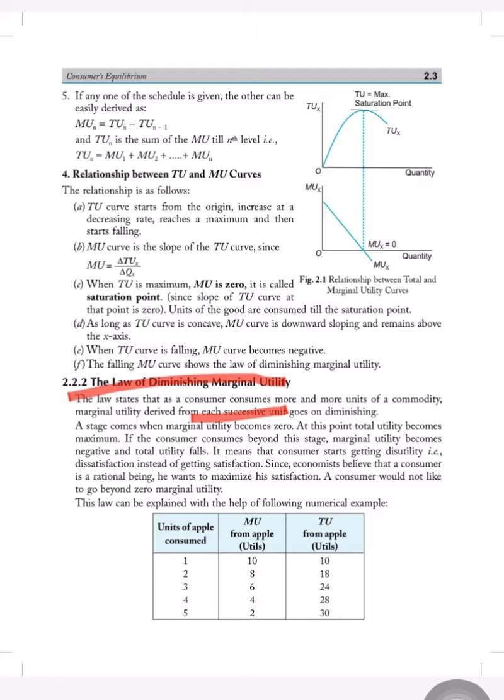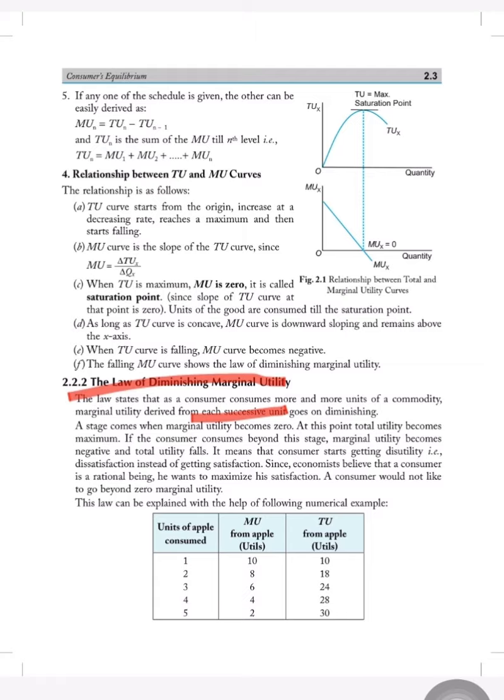Now if you consume one more glass of water, the satisfaction level will be there, but it's not the same as the first glass. Now you have consumed the third glass, the satisfaction level will decrease further, and if you have consumed one more glass, suppose the fourth glass, that's enough for you.